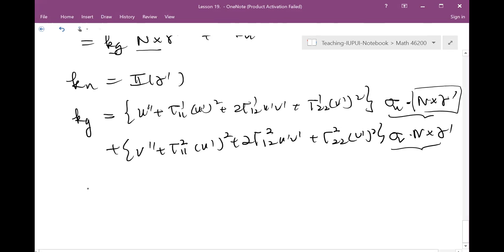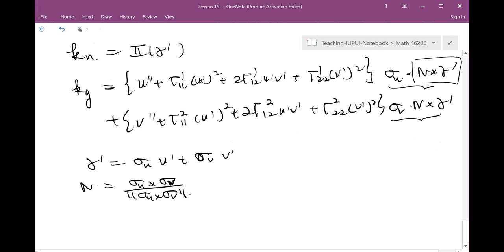And you can compute that because gamma prime is going to be sigma u u prime and sigma v v prime. And n is going to be sigma u cross sigma v, and then normalize it.